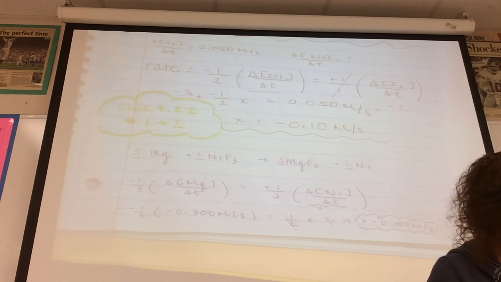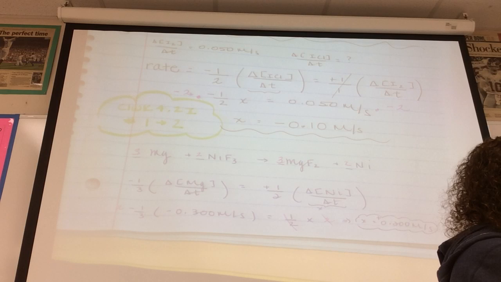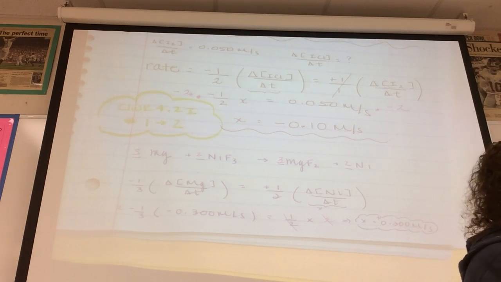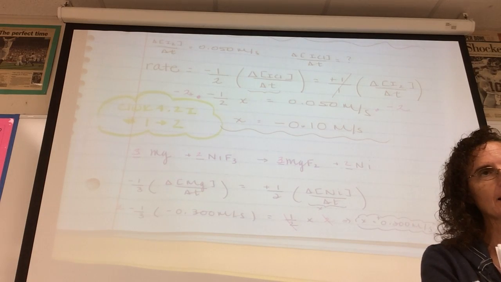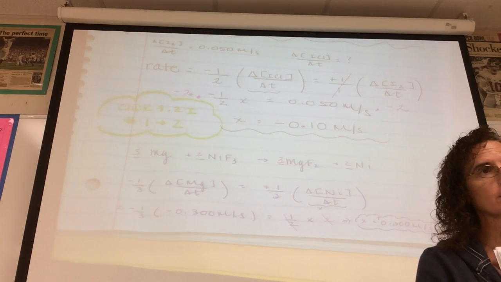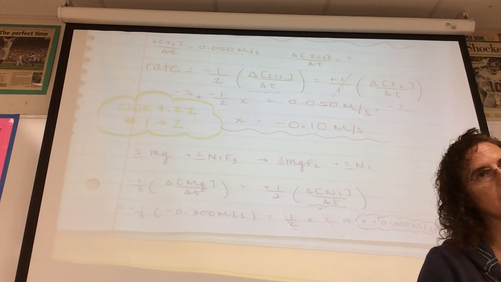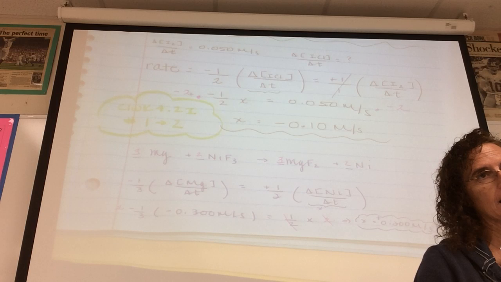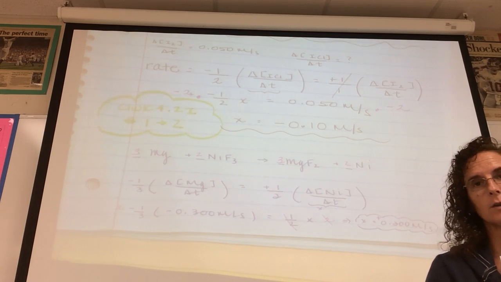We'll get into writing rate expressions and determining rate of change over interval next time. We'll get into the collision theory next time and start to get into rate laws. We'll do that Thursday and Friday with a lot of practice, and that will get you ready for your quiz on Wednesday. All right, questions? You're good?